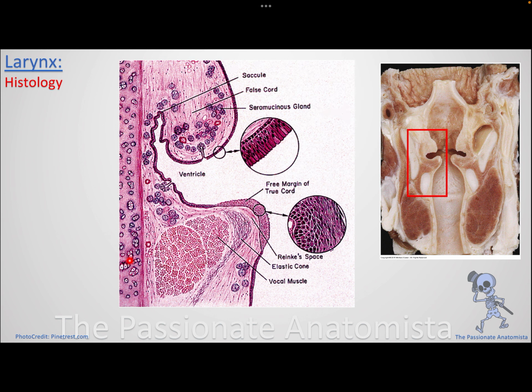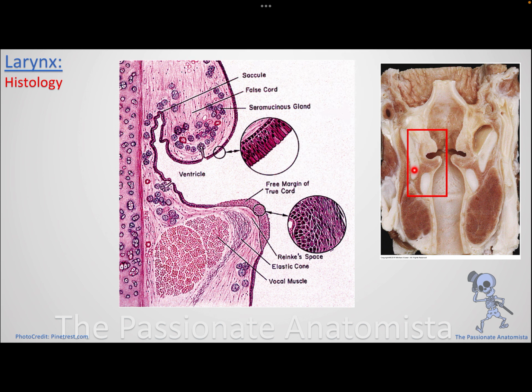And of course, down here, you have your cartilage, because your larynx is basically a cartilaginous structure connected by membranes and muscles. So of course, this is a typical cartilaginous section that shows the chondrocytes in lacunae, which is the hyaline cartilage.